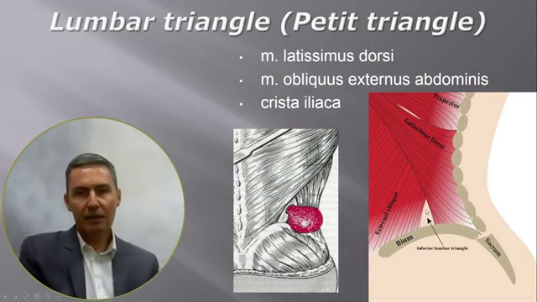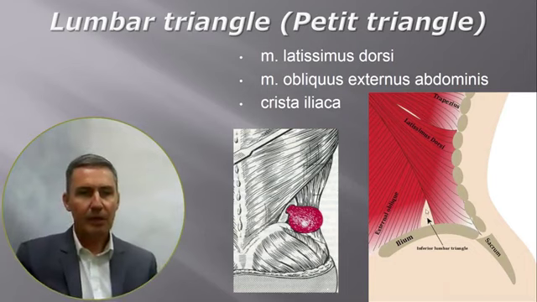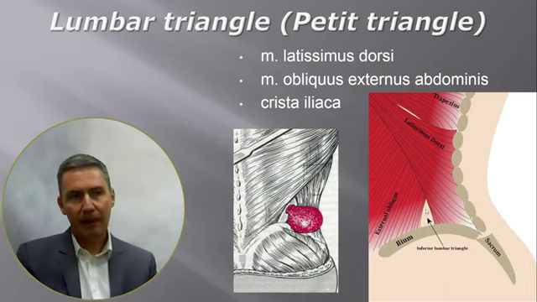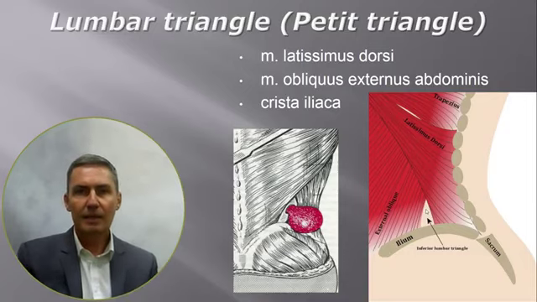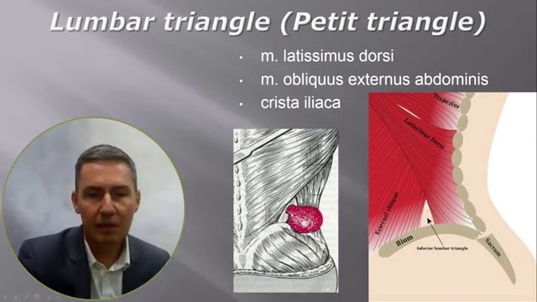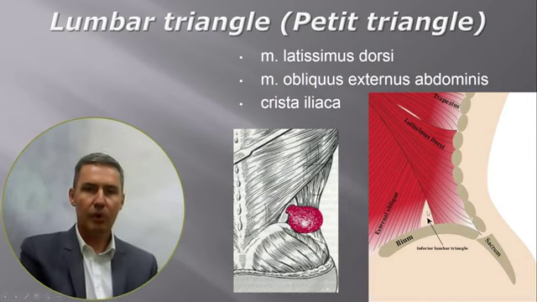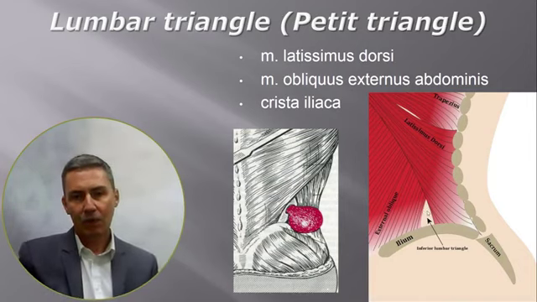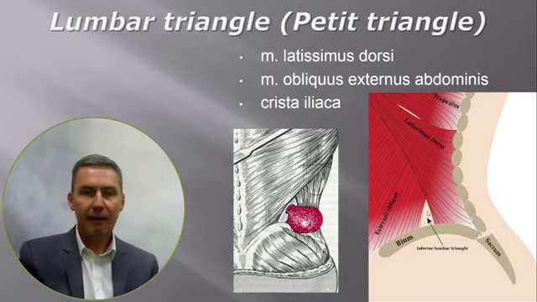Why is this triangle quite important? Because it can be the place of herniation. It does not occur often, but sometimes it is possible. Internal organs can protrude through this triangle because it is somewhat like a weak spot in the region of the back, because here the layer of muscles is thinner than usual.